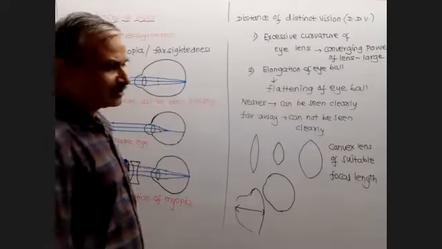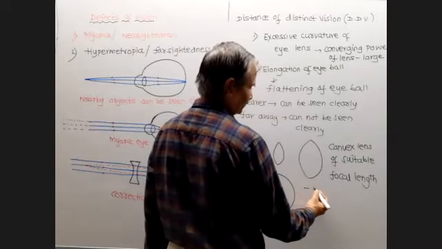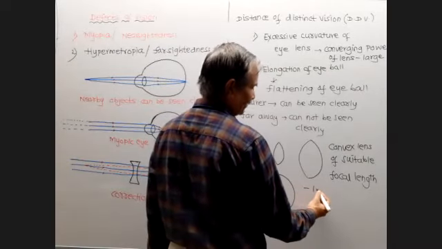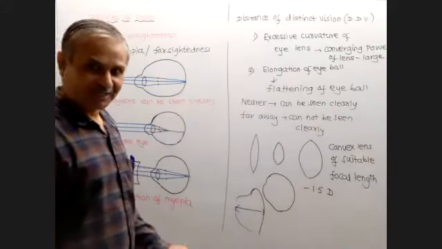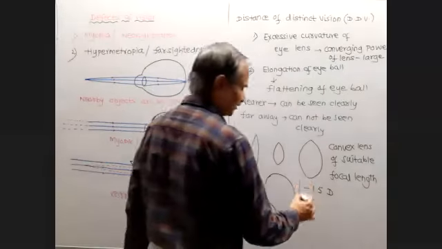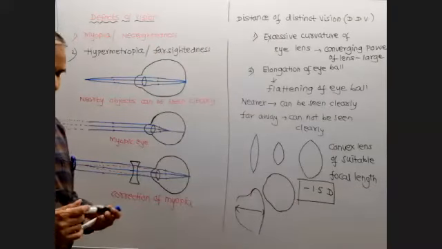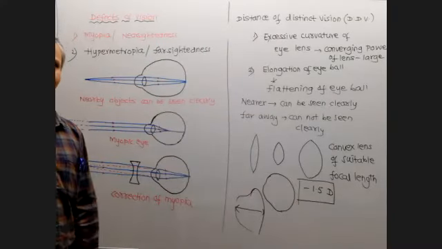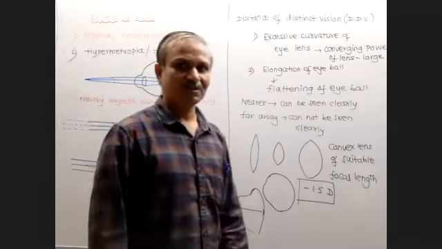Then suppose you are having minus 1.5 diopter specs. From that information, which defect of the eye should you have and why? Myopia.